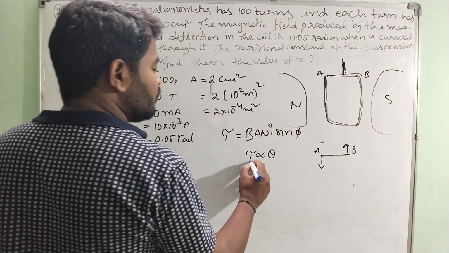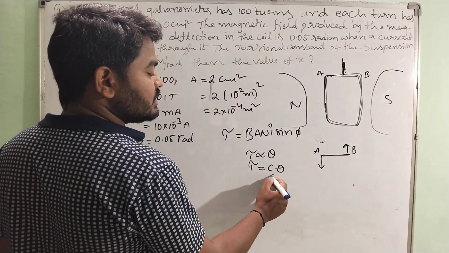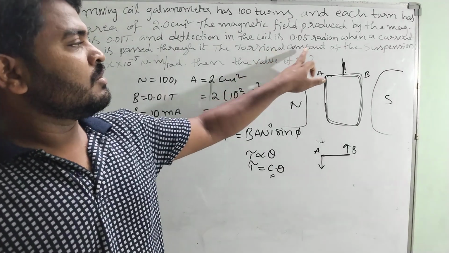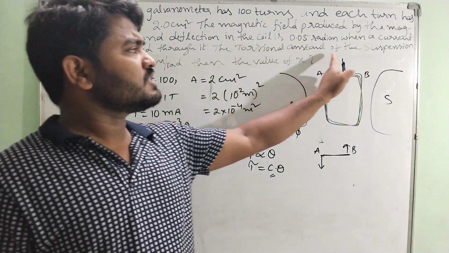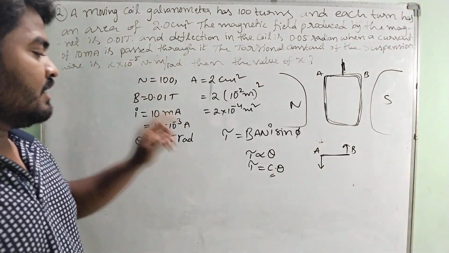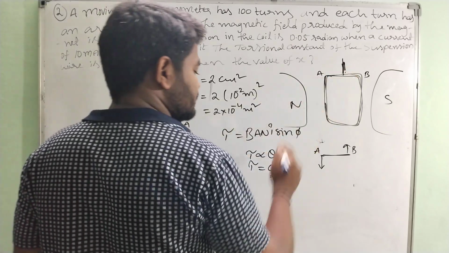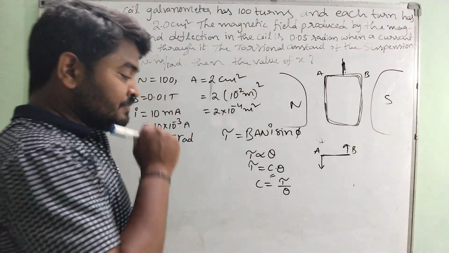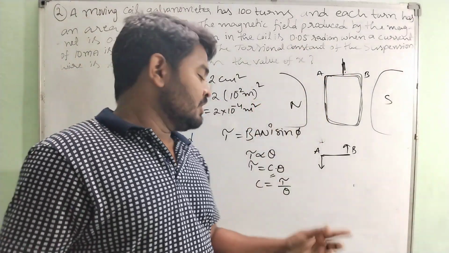So tau equals some constant into theta. This constant is called the torsional constant of the suspension wire. That means C equals tau by theta: per unit twist, how much torque there will be. They are asking us to find this C value.